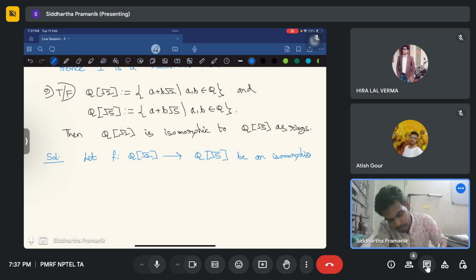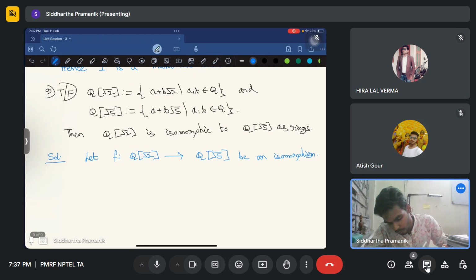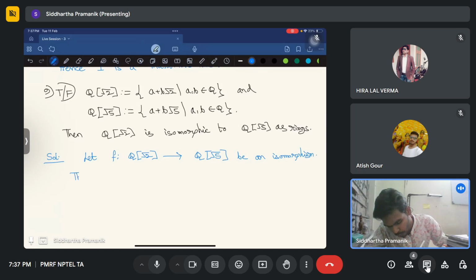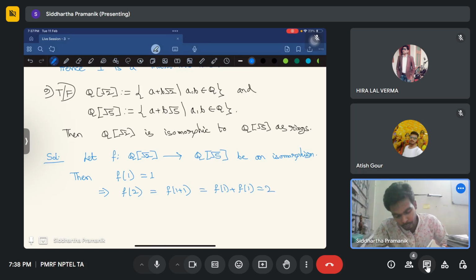Okay, so if they are isomorphic, then according to the definition of ring homomorphism, one must go to one, right? Then f of 1 must be equal to 1. So that means f of 2, which is f of 1 plus 1, which is f of 1 plus f of 1. So this is also 2.